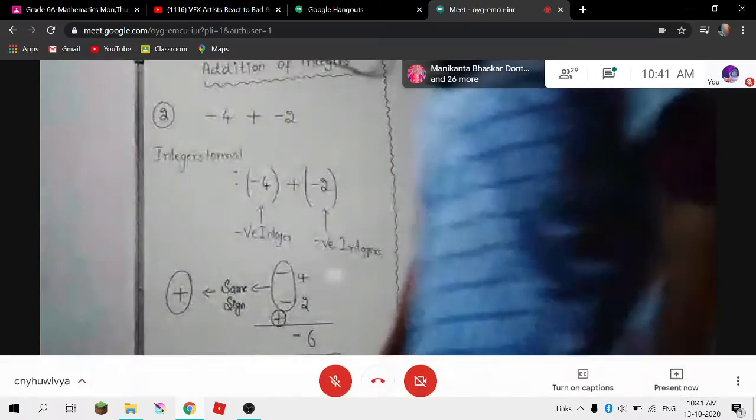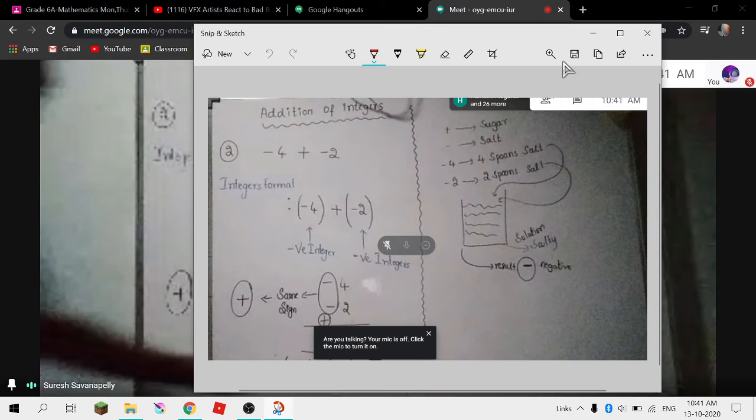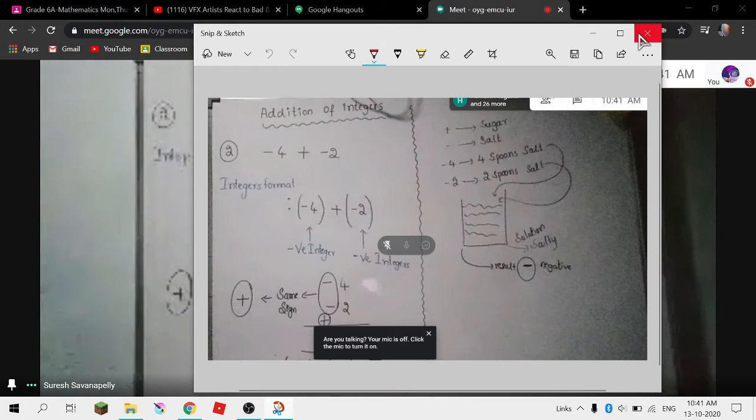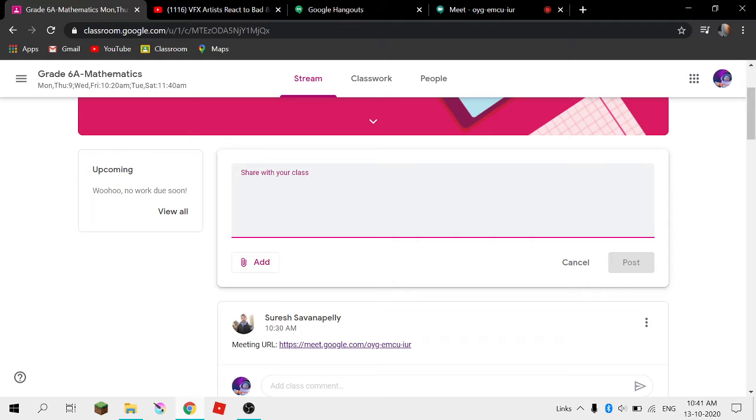Minus 6 is already in integer format. Sir, there are no brackets, no, sir. You can keep brackets, no problem. Brackets don't make any difference, but it is the best way to write the numbers.